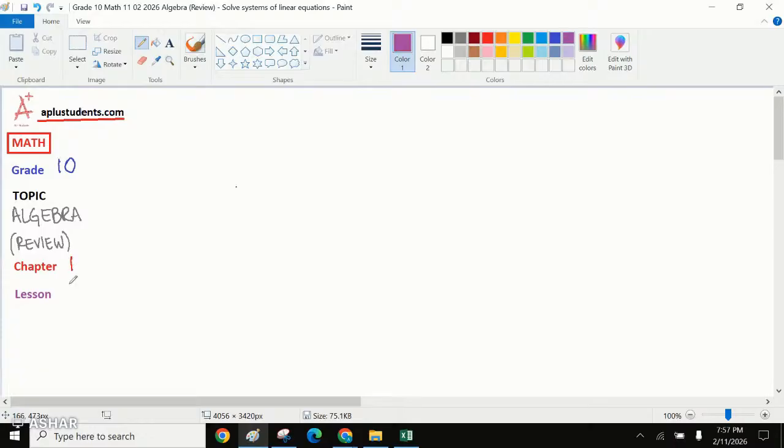Chapter number 1 and lesson number 7, and the name of the chapter is solving systems of linear equations.